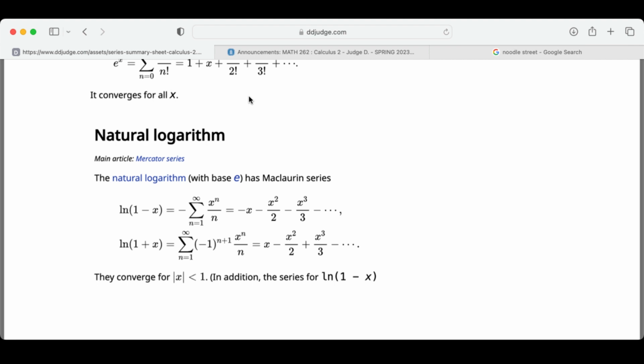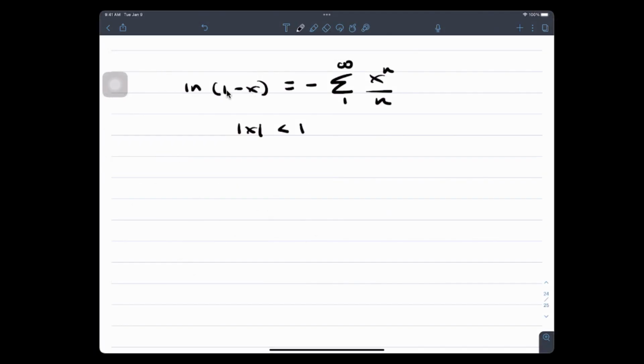The natural log of 1 minus x is minus the sum from 1 to infinity of x to the n over n, and then you say, what's the interval of convergence? Let's take a look at this with a little bit of detail, okay?